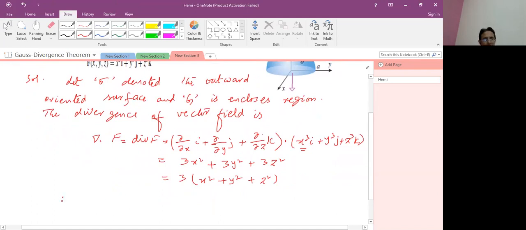So therefore, according to the divergence theorem, student, the double integral over sigma of f dot n dS will be equal to the volume integral of the divergence of f dV.